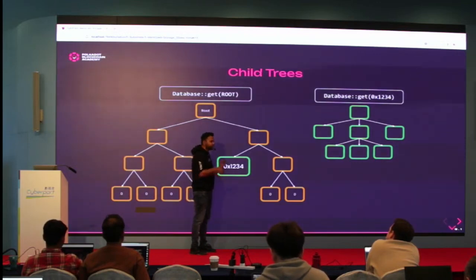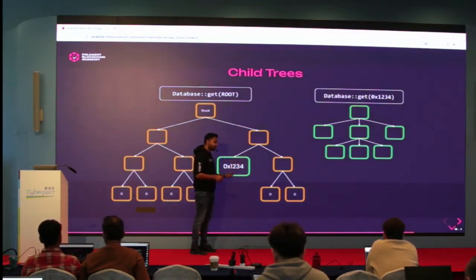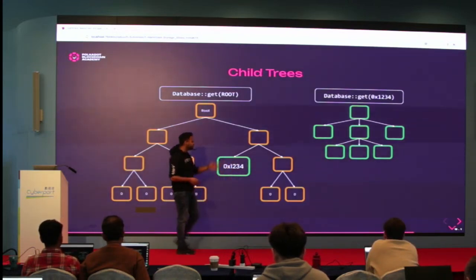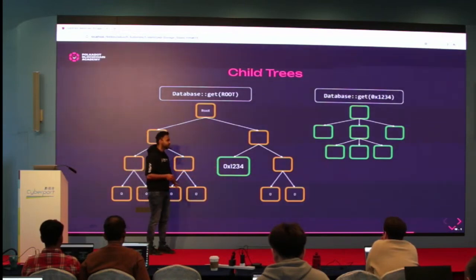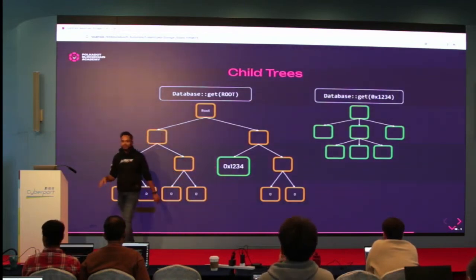So imagine, maybe for account balances, you want small proof sizes so you can send them. So you can have a custom child trie with base 2. It depends on your use case, and I think it's not used as much in Substrate, but it's used in a few places.